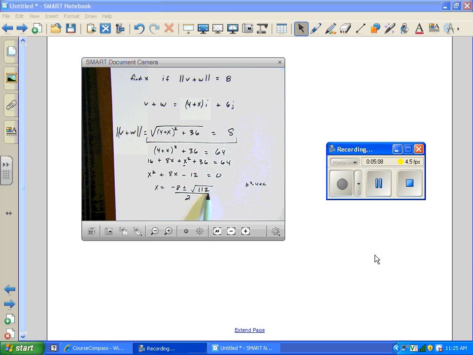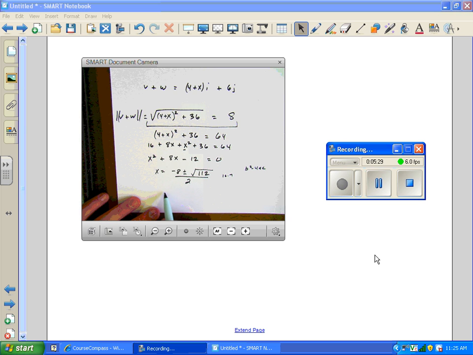Now, I need to simplify. What'll go into 112? I think 4 will. How many times? So 16 will go in there how many times? 16 times 7, so that would be 4 square roots of 7. So we get negative 8 plus or minus 4 square root of 7 over 2.